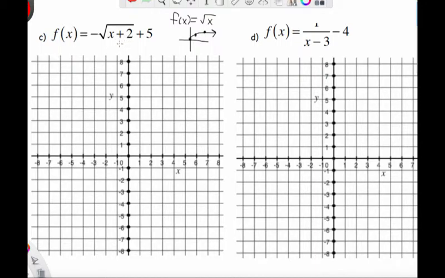A +2 is actually a left shift of 2, not to the right 2, but to the left. And then we have another number being added on the outside of the function, and when you have a number being added or subtracted on the outside, it's an up-down shift, and it is what it is. If it says +5, you're going to go up 5.